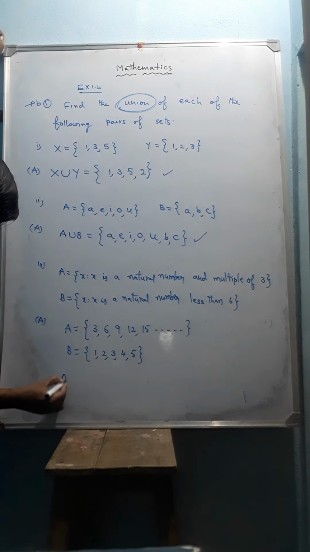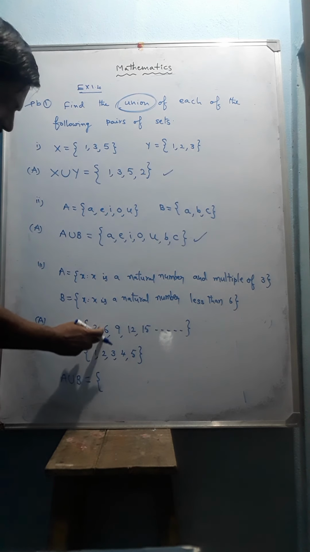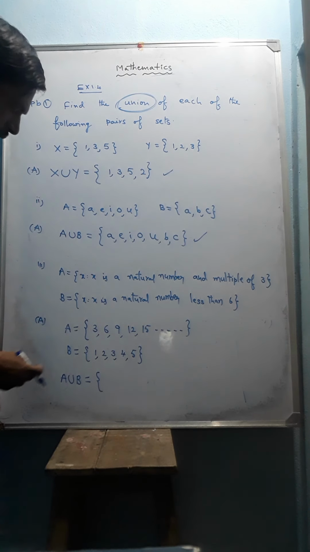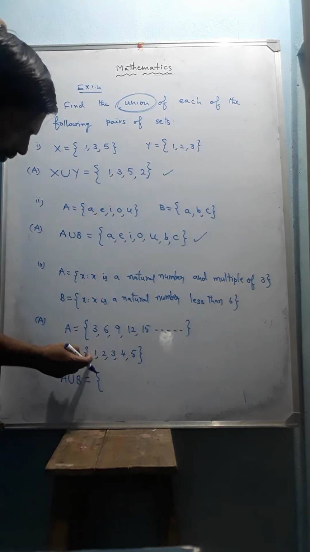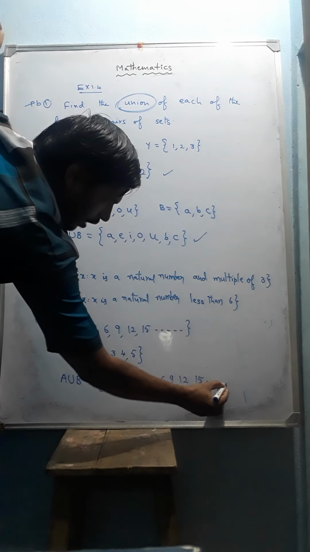Next we want A union B, that is equal to, so the A set elements are 3, 6, 9, 12, 15. The B set elements are 1, 2, 3, 4, 5. If you write in one order, then 1, 2, 3, 4, 5, 6, 9, 12, 15 and so on.